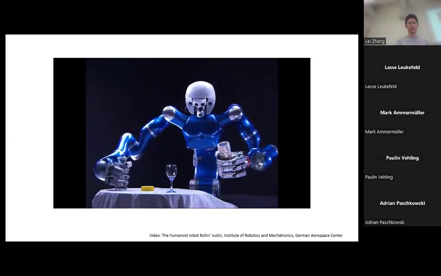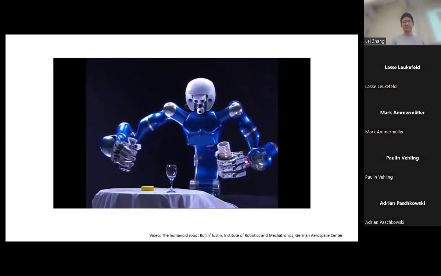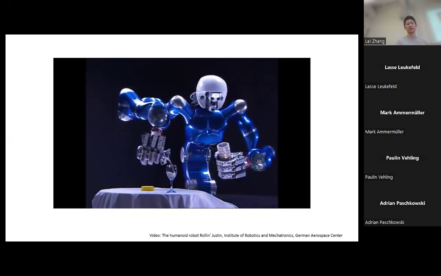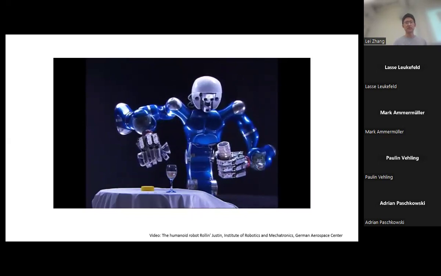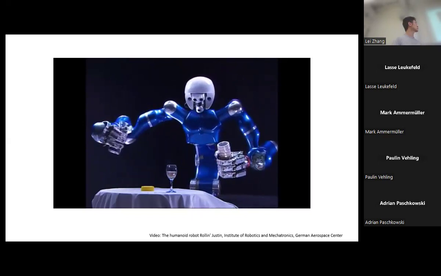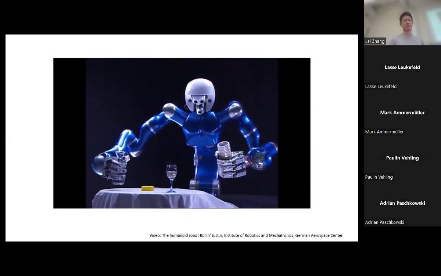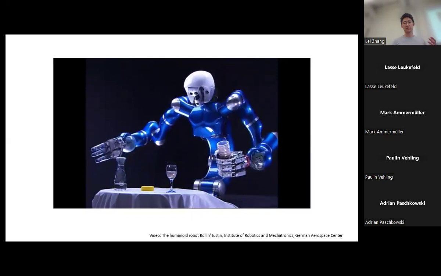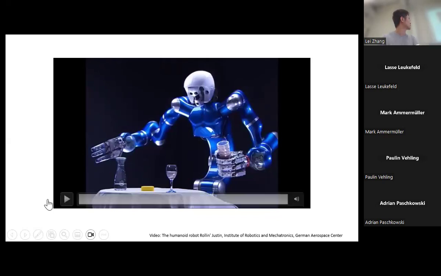So it cannot generalize. Another thing we notice is that the movement of the robot is kind of clumsy compared to human motion. It is very slow and also discrete, not smooth and continuous. But even so, this is impressive and one of the state-of-the-art robots.